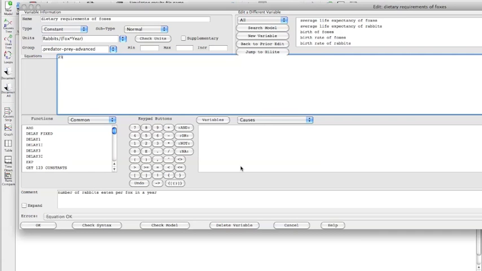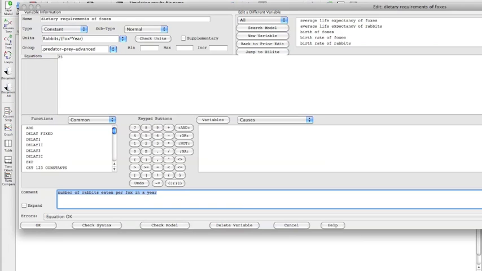If we look at the dietary requirement of foxes, it's got units of rabbits consumed per each fox per year. That value is 25, and I put a little comment here. So this is the number of rabbits eaten per fox in a year.